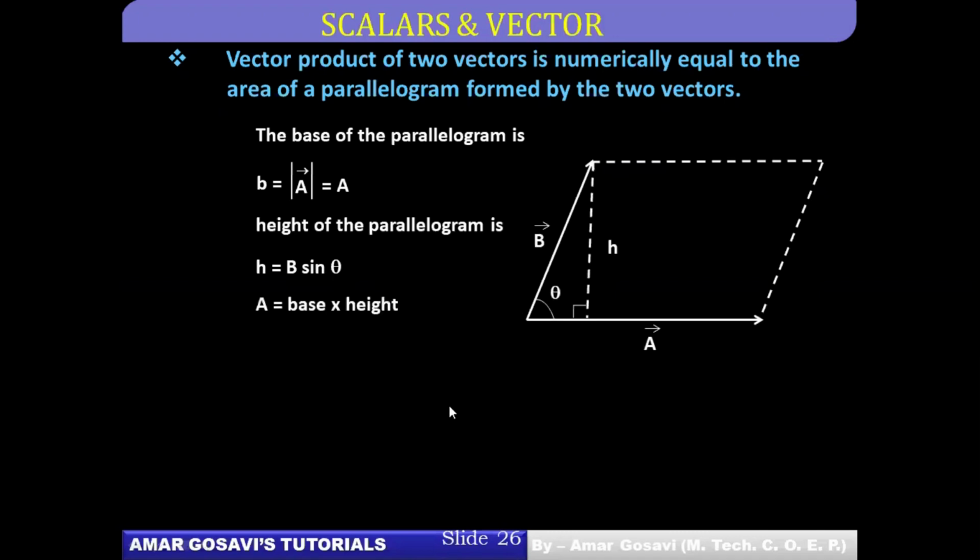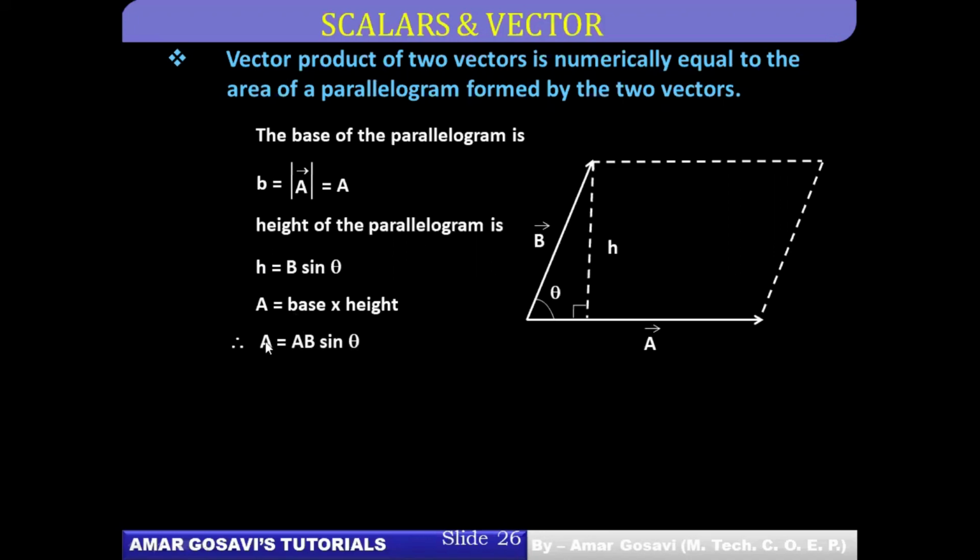The area of a parallelogram, we all know, is base into height. So it is AB sine theta. So the area of the parallelogram is AB sine theta.